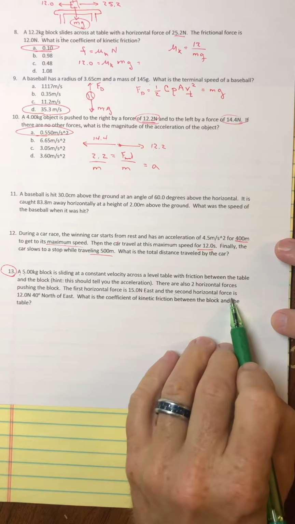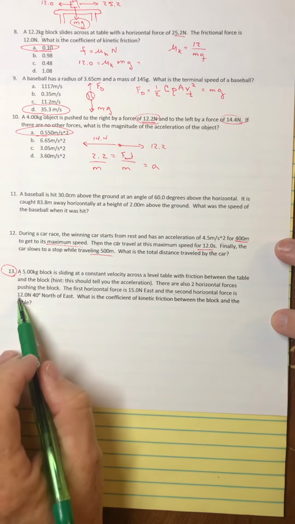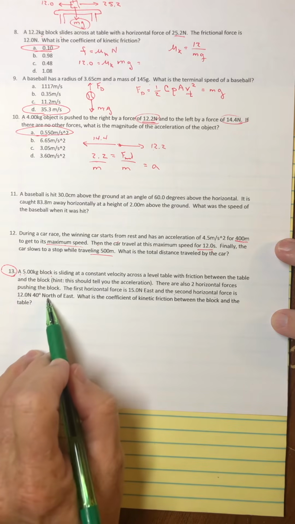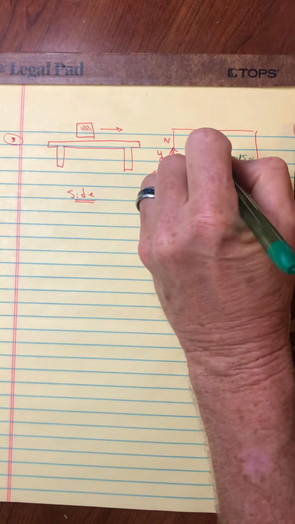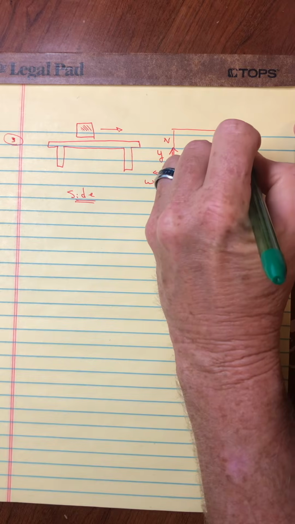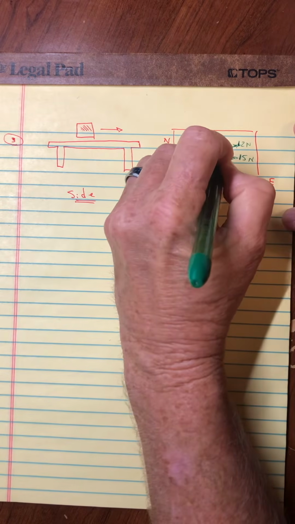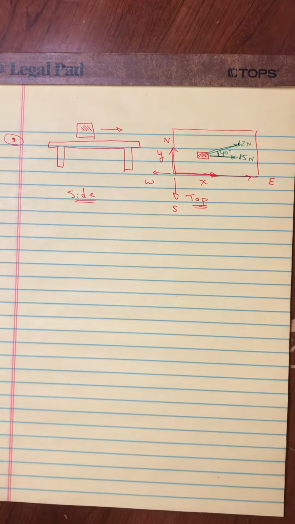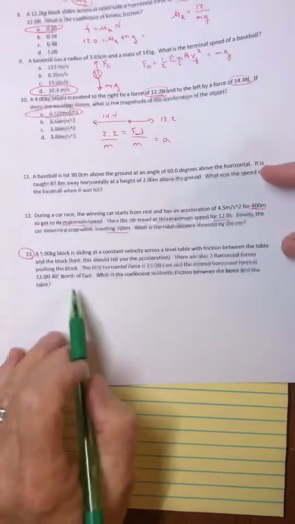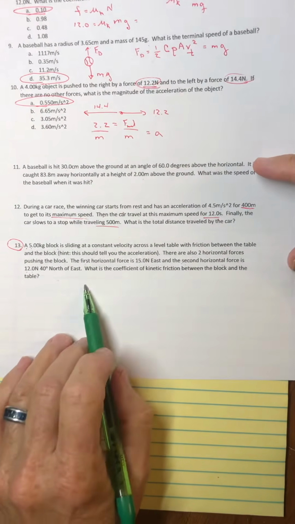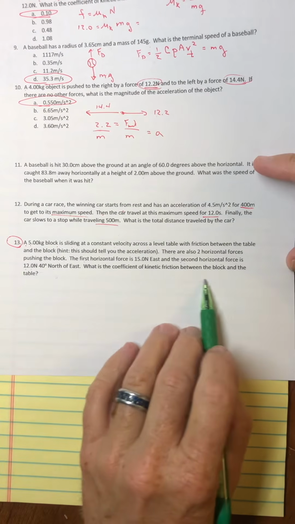The second force might be the harder one because it is a value of 12 newtons, but it is 40 degrees north of east. So it's kind of angled like this. It has a value of 12, but it's 40 degrees to the north of due east. North of east. Okay. And then the problem goes on to say, what is the coefficient of kinetic friction?